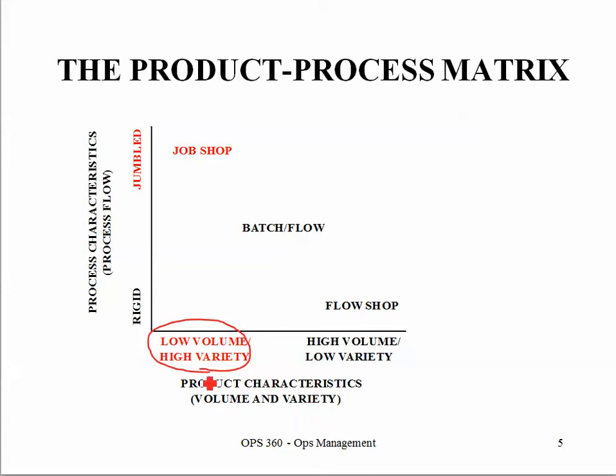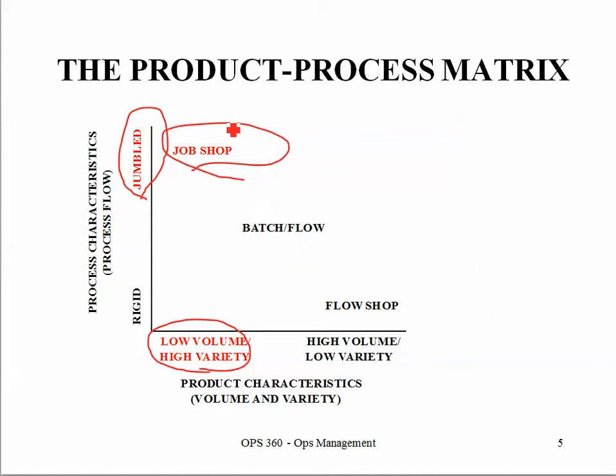The nature of the process that they're going to have, because of the nature of the products that they have, is a very jumbled flow. Okay? They make lots of different stuff. Each product that they make could have potentially a different flow through the process, a different sequence of steps needed to make that product. And therefore, they're going to be here on that product process matrix.